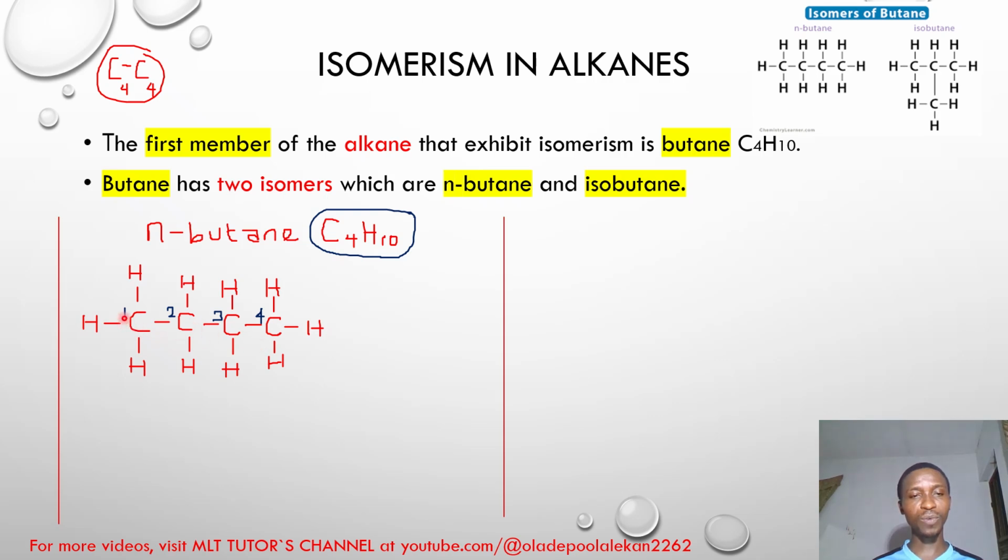Carbon atoms 1 and 4 are primary carbon atoms. Why are they primary? Because they are bonded by 3 hydrogen atoms. So whenever a carbon atom is bonded by 3 hydrogen atoms, we call such a carbon atom a primary carbon atom.